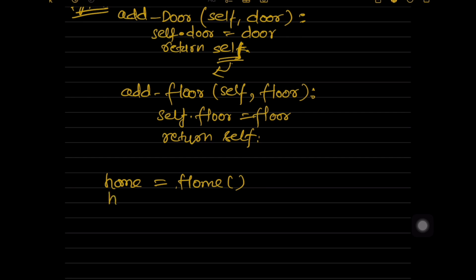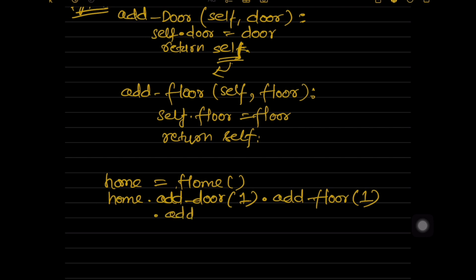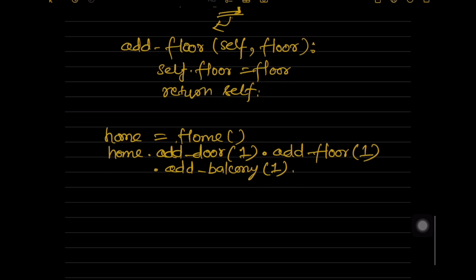So now I can add a door to it, .add_door, say I add one door here, and then I can do .add_floor, and add, say, one floor here. Similarly I can do one more .add_balcony, and add one balcony here. So you can just keep on chaining, and whatever features you write, you can mix and match, and create the home the way you want, your home.